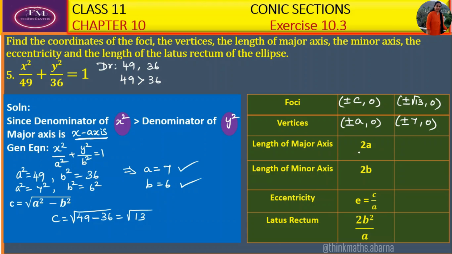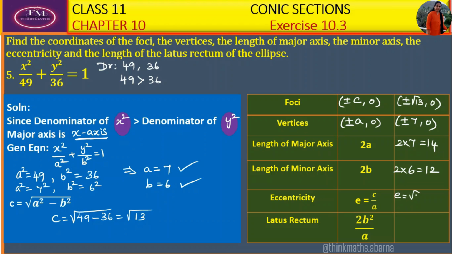Length of major axis is 2a. So it is 2 into a is 7. 2 into 7, 14 and length of minor axis is 2b. So 2 into b is 6. So 2 6s are 12 and eccentricity e is equal to c by a.